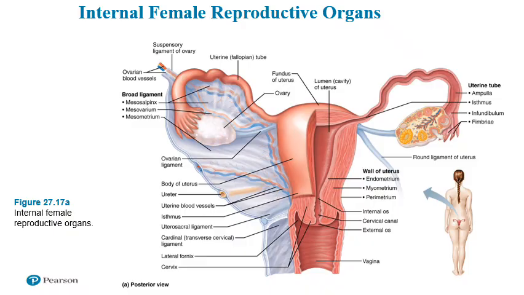We also have the round ligament, which is very visible right there. The round ligament of the uterus binds the uterus to the anterior wall. The sacs of peritoneum around the uterus create a vesicouterine pouch between the bladder and the uterus, and a recto-uterine pouch between the rectum and the uterus.